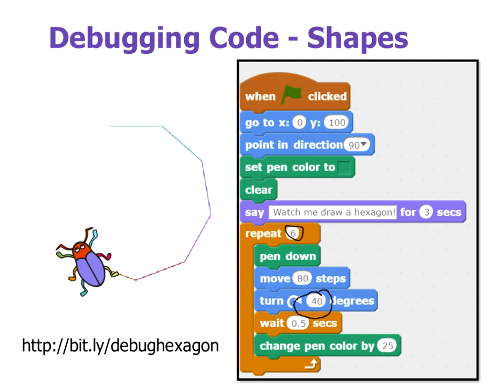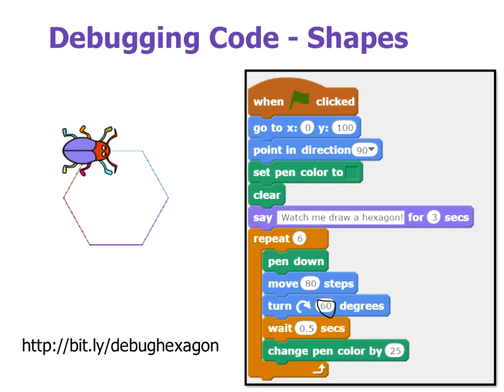What we want to do is change that 40 degrees to the correct number to make a full hexagon. Right now it's 40 times 6, which is 240, so it's not quite a full circle. We want the full 360 degrees, so we change it to 60 times 6, and we've got the full 360 degrees.